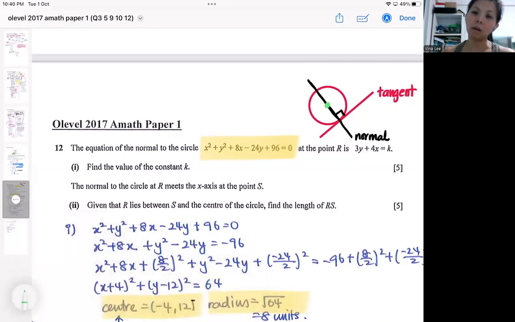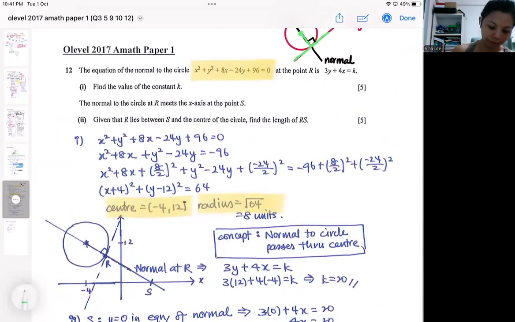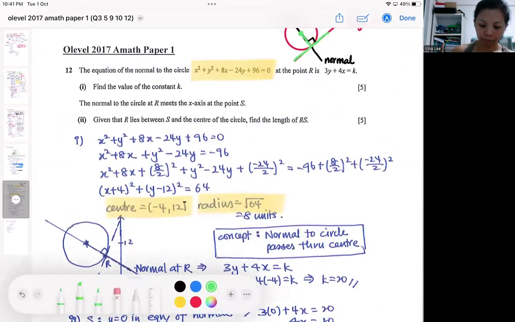The center is along the normal. Why is that so? If you still remember your circle properties, there's a radius perpendicular to the tangent. So that's exactly the same idea. That means if you get the normal to a circle, it will pass through the center.